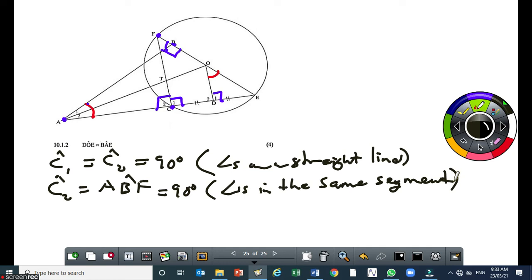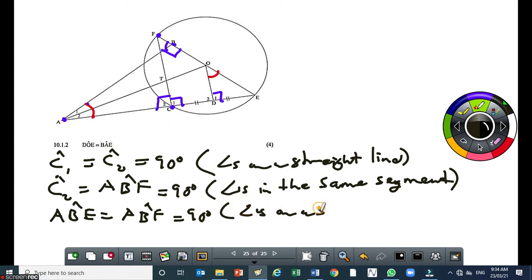Right? Then angle ABE is going to be equal to angle ABF. And my reason for this is that they are both equal to 90 degrees, based on angles on a straight line.